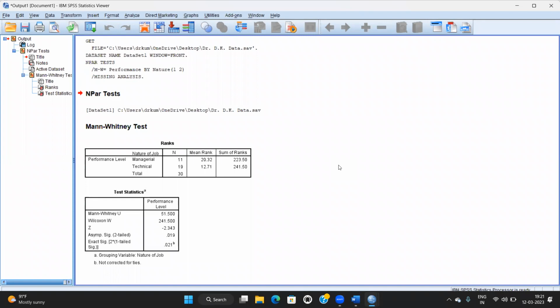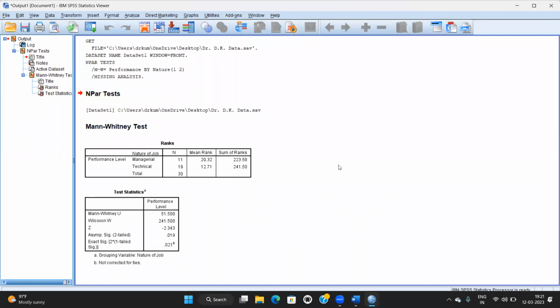But here we get frequency and mean rank, not mean. Earlier, in independent sample t-test, we got mean and standard deviation. Here we are getting mean rank and sum of ranks.